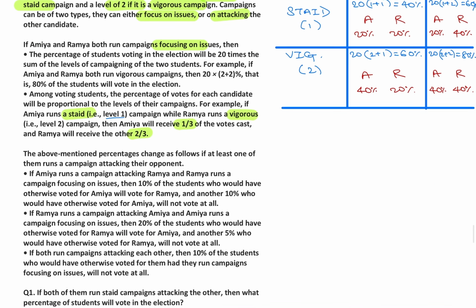The above mentioned percentages change as follows if at least one of them runs a campaign attacking their opponent. Now we are moving on to the second part: there will be two types of campaign.